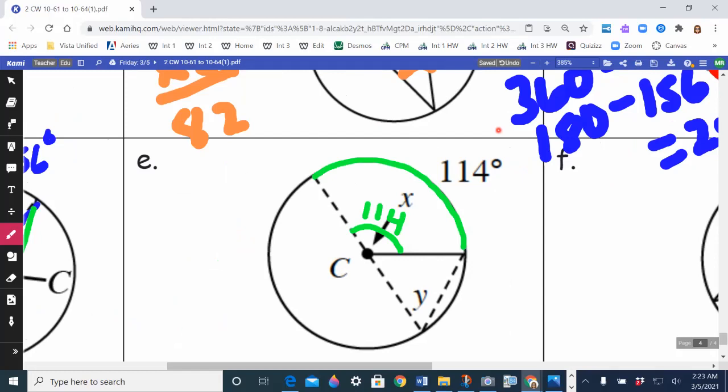Now, you also have this angle here, Y, and notice Y also forms that same intercepted arc, but it's an inscribed angle. So it's not going to be 114. It's going to be 114 divided by 2, which is 57. So my Y is 57.